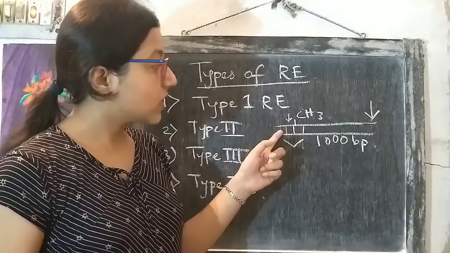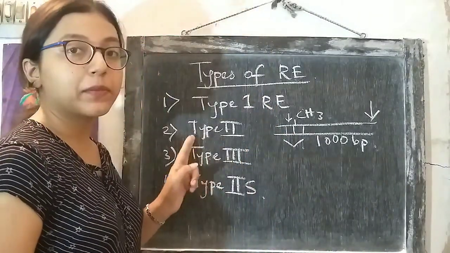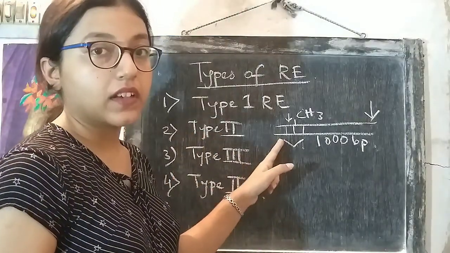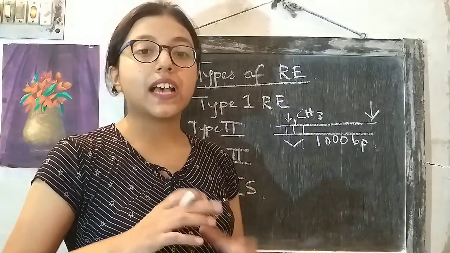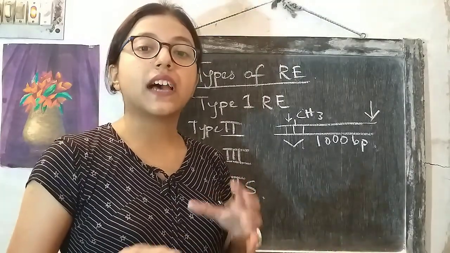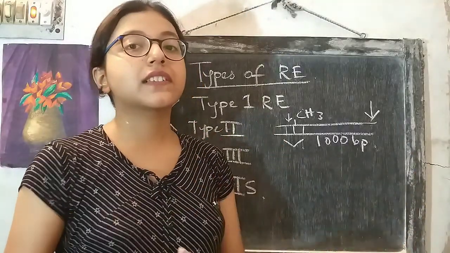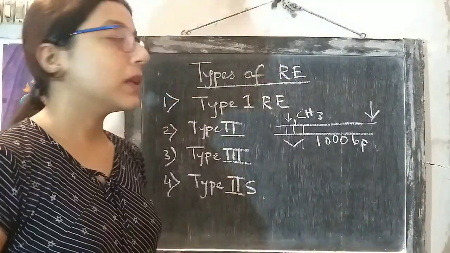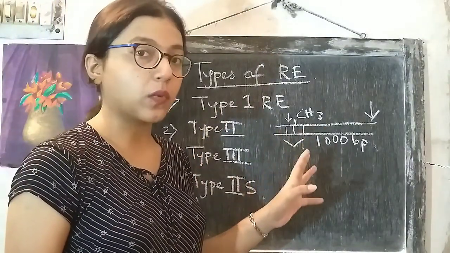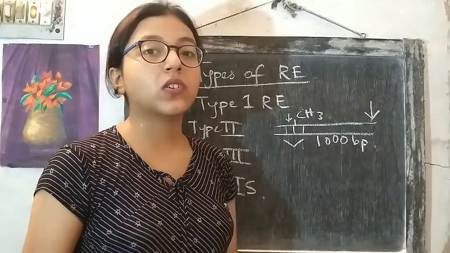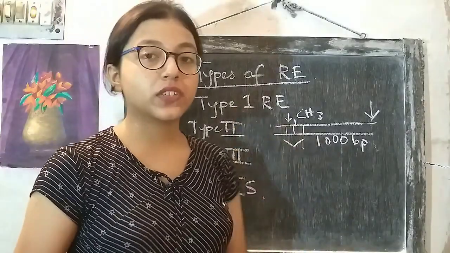So here is an advantage of type 2 endonuclease, because as the recognition sequence is known, the site of cleavage can also be determined, because site of recognition as well as the site of cleavage is the same. But the problem with type 1 restriction endonuclease is that the site of recognition is known, but where it will cleave is not known. The sequence will not be known. So this is a problem with the type 1 restriction endonuclease.